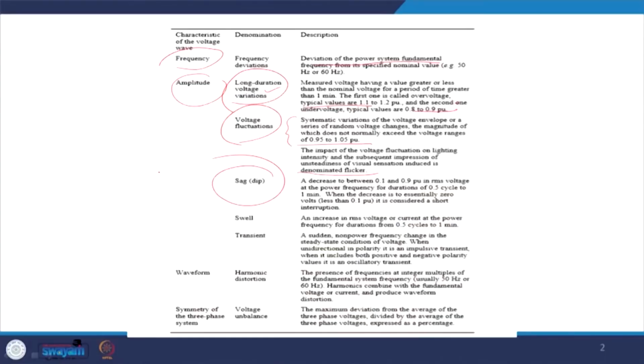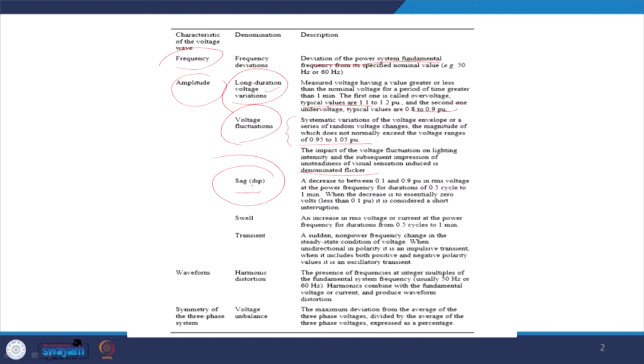Thereafter, voltage sag, which is quite an important feature. A decrease between 0.1 to 0.9, if it is only up to 0.9 or 0.8, we term it a long term voltage disturbance, it is not a sag.